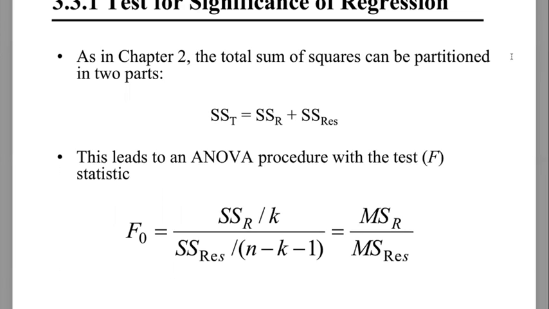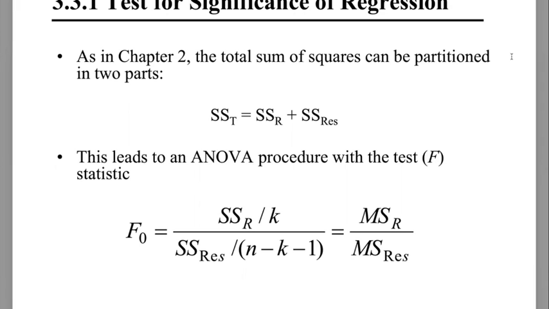Now, as you'll recall from chapter 2, the total sum of squares in the response can be partitioned into two parts: the sum of squares due to the regression model, and the sum of squares residual, or that which is not accounted for by the model.